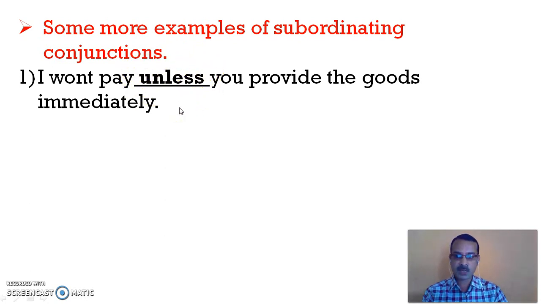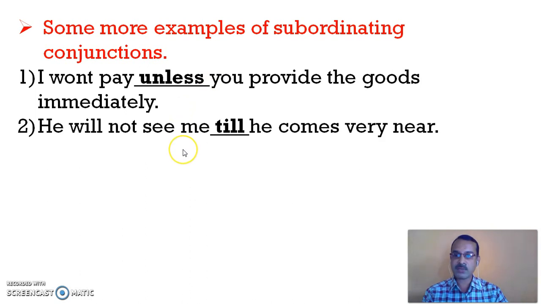Okay. Now the second example: he will not see me till he comes very near. He will not see me is the main clause, and till he comes very near is the subordinate clause, and these two clauses are connected or joined by the subordinating conjunction till. But in your exam, this place will be blank, and you have to think about the relationship between this clause and this clause.